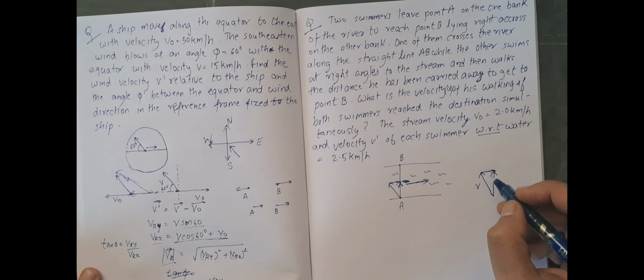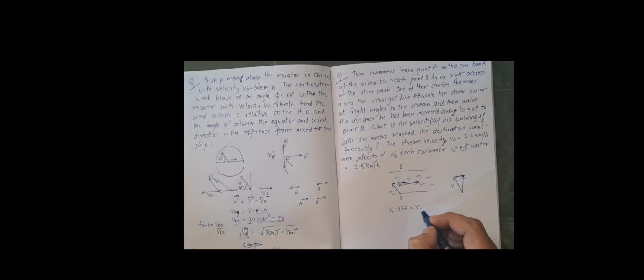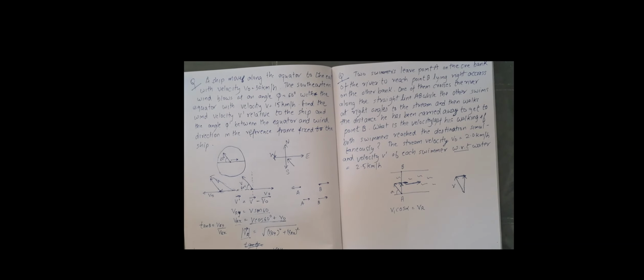So V1 is the velocity of the first swimmer and V2 we will take as the velocity of the second swimmer. So V1 cos alpha will be equal to Vr. I am using a different terminology because it's more suitable to me, but once we arrive at a solution we can just replace it with the terminology that is given here, right?